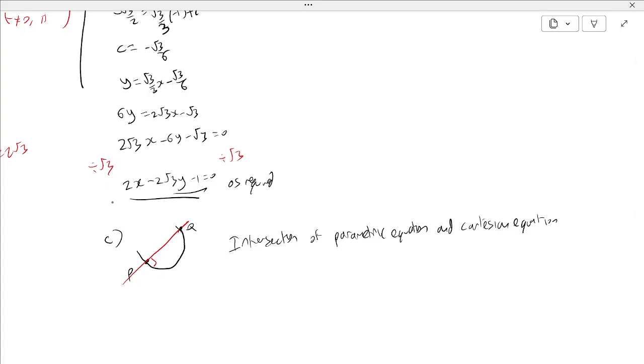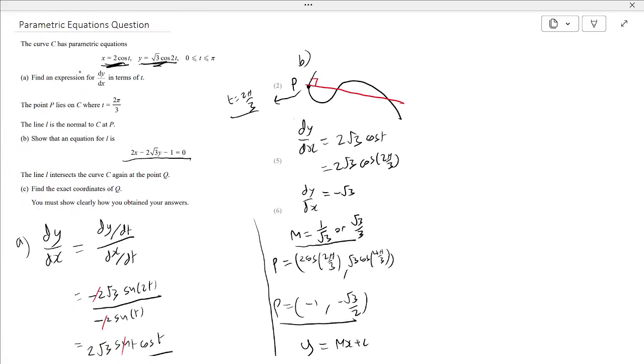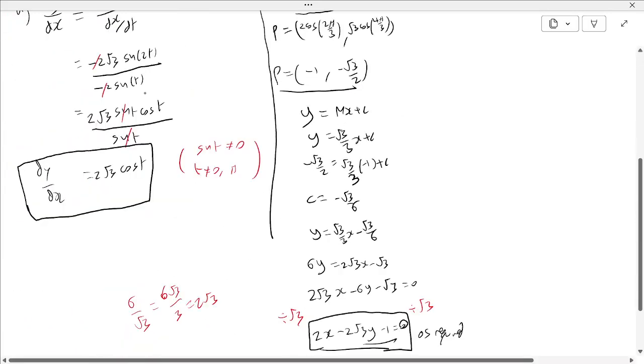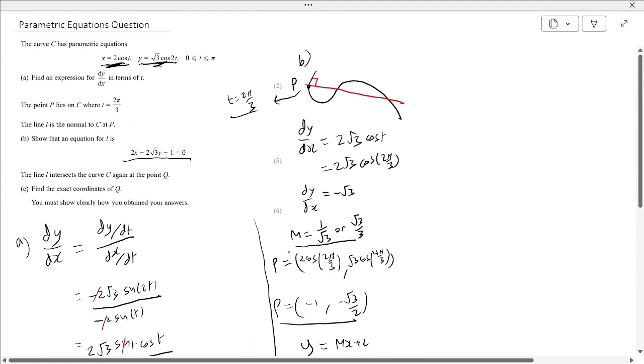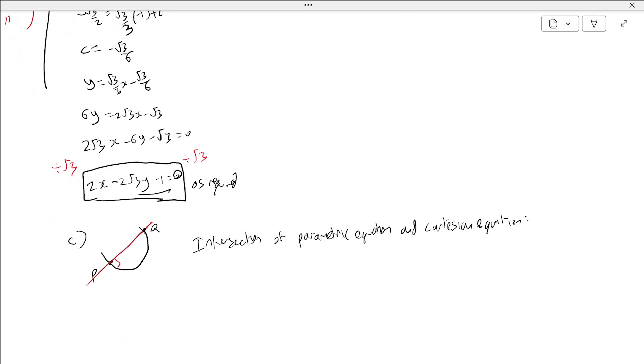So my line L here is a Cartesian equation because there's only x's and y's, whereas my curve C is given by parametric equations, with a t. So when you have a parametric and a Cartesian, what you can do is sub the parametric equations into the Cartesian.